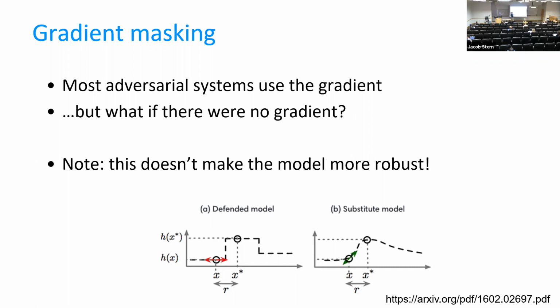And so the problem with this is that you can use a substitute model for your classifier, which does apply gradients, and design an adversarial perturbation that way. And it does just as well at fooling your gradient-free model.